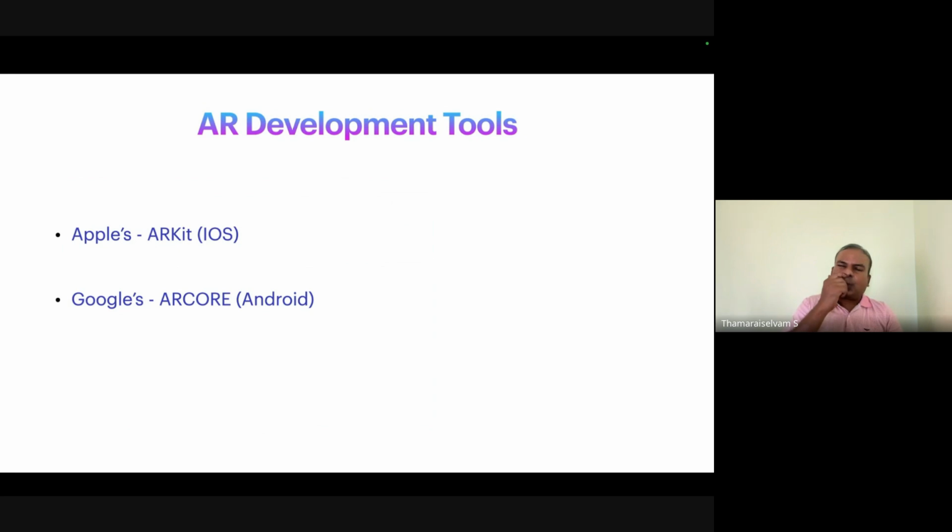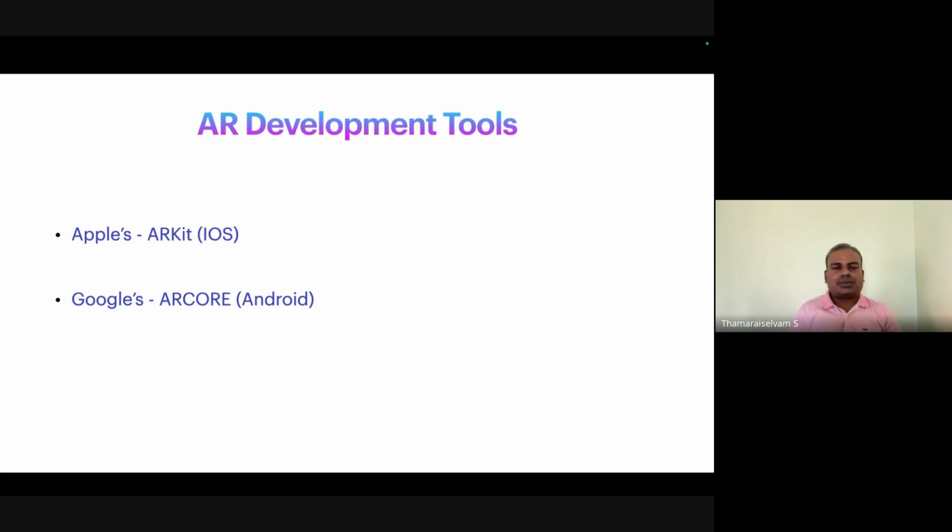Now, what are the tools and platforms that are available for augmented reality? Apple's ARKit. We know Apple phones are all based on iOS technology. So, for developing iOS based applications, one should know Swift. Swift is one such language that is used for developing Apple's iOS based applications.